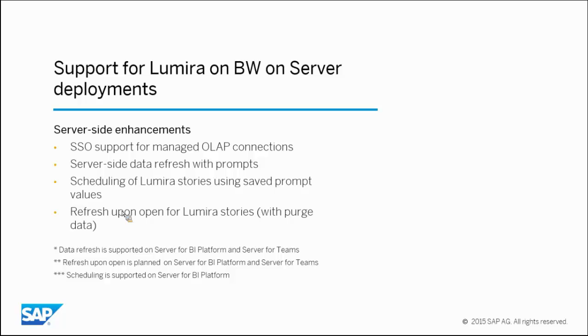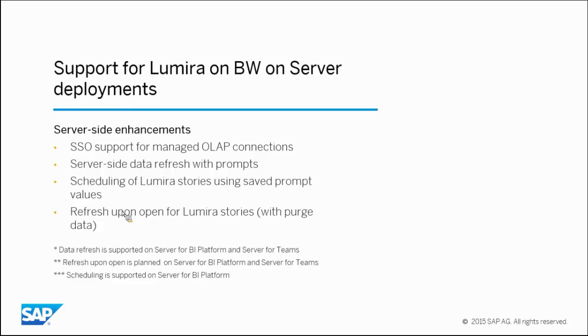So on the BI platform, if you have created OLAP connections and used those to create a Lumira document, and have configured SSO from BI platform to BW using STS, any user who logs on to the BI Launchpad, opens this particular document and refreshes it, these user credentials would be passed down to the BW system and the data is acquired.